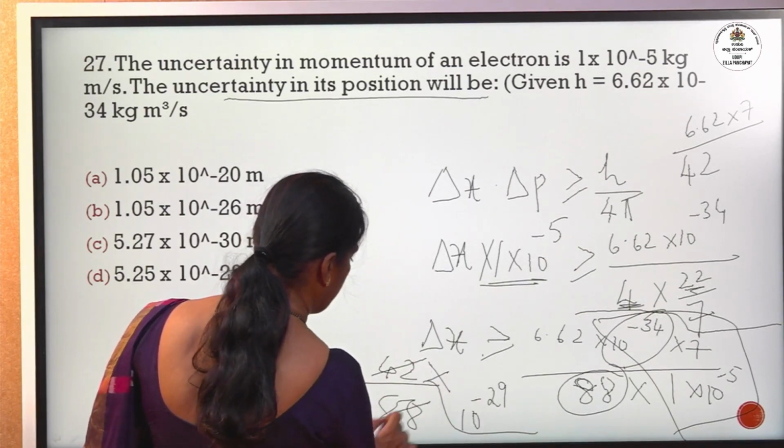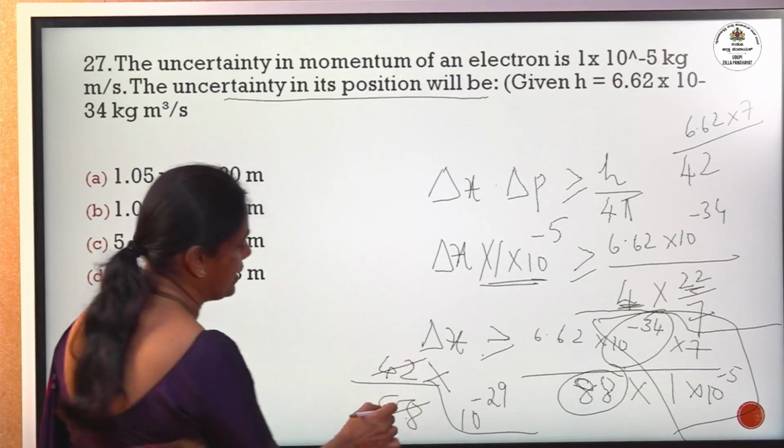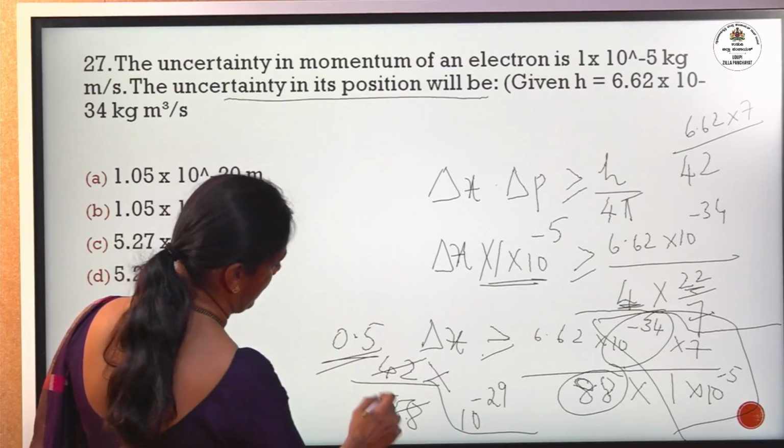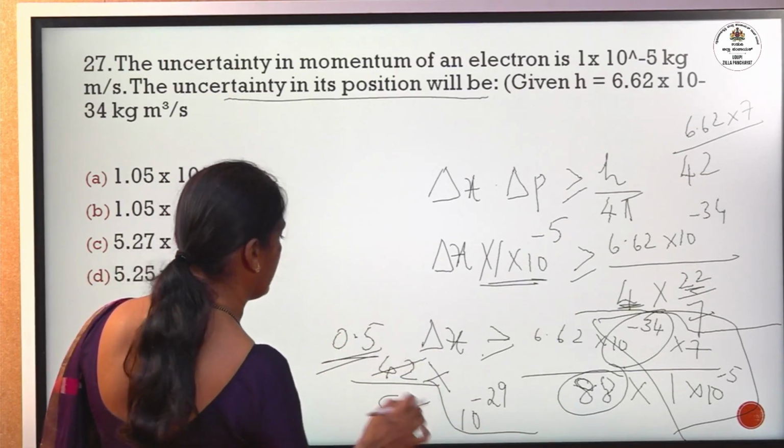This is nearly half of this, so this is 0.5 something we get, into 10 to the power minus 29.